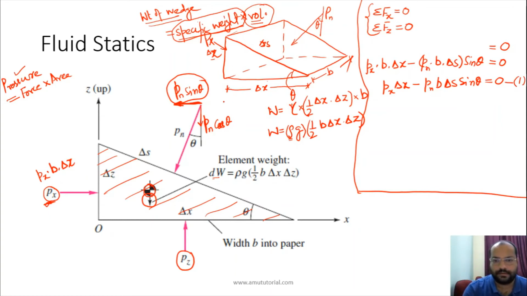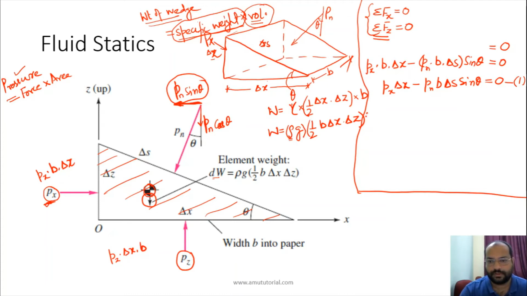Another condition is the summation of all the forces in the z direction. So now let us consider the summation of all the forces in the z direction. Pz is the pressure which is acting upward over here, so the force will be Pz into delta x into b.